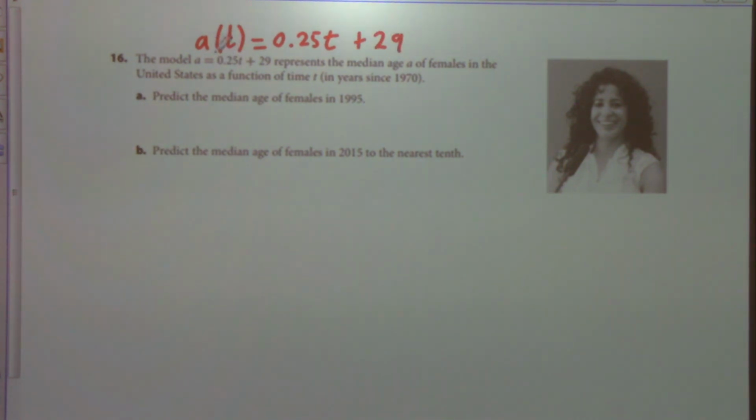Why did I change that function a little bit, you think? So you don't get confused.